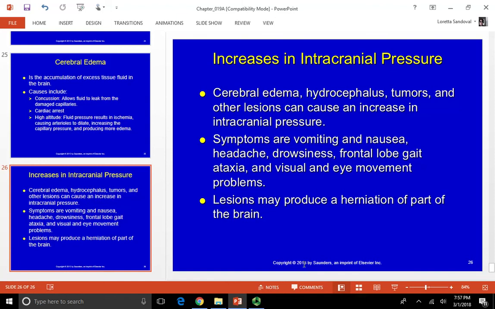Lesions might produce a herniation in part of the brain, another dangerous thing that you want to avoid. All of those things, cerebral edema, hydrocephalus, tumors, and other types of lesions, can cause that increase in intracranial pressure. So a lot of times surgery is required to relieve that pressure.